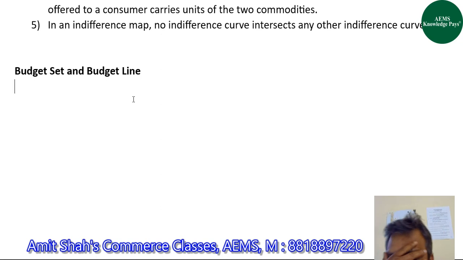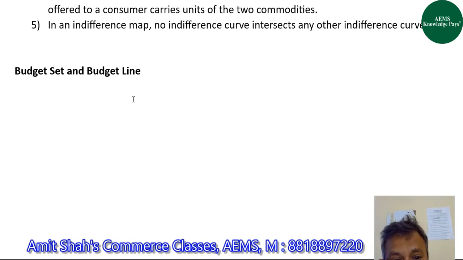A budget set is a combination of two commodities, different combinations where each combination has different units of the two commodities in such a way that each combination consumes the whole budget of a consumer which he has for the two commodities.